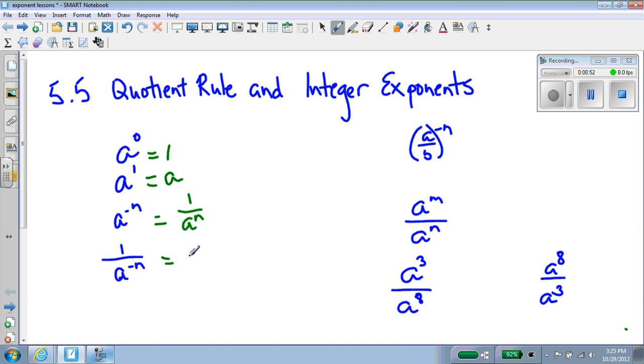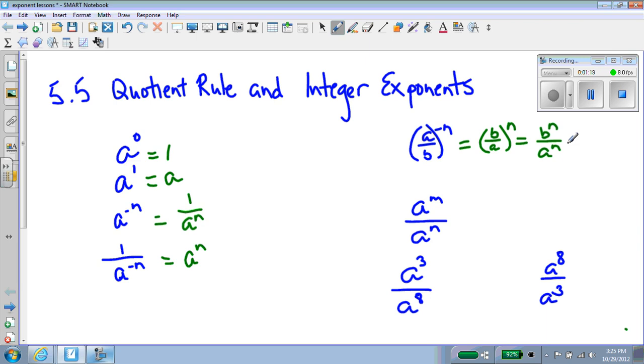That would be that thing raised to a positive power. What if we had a fraction raised to a negative power? It would be the same thing as the reciprocal of the fraction raised to a positive power, which we could then say is b to the n over a to the n.